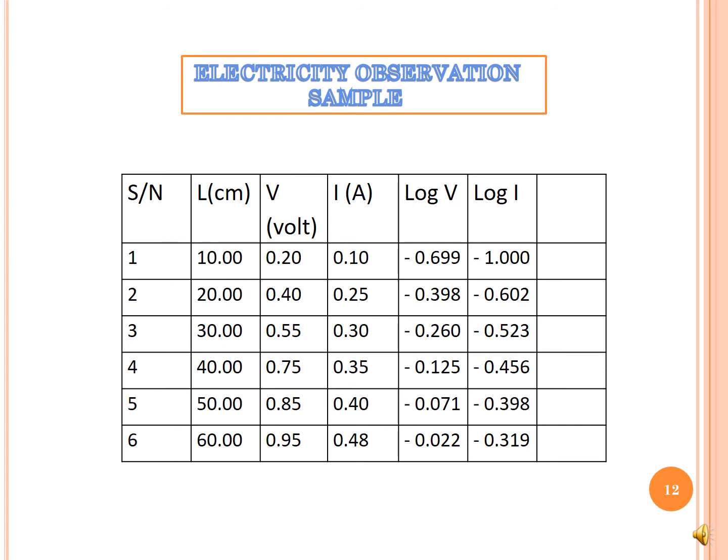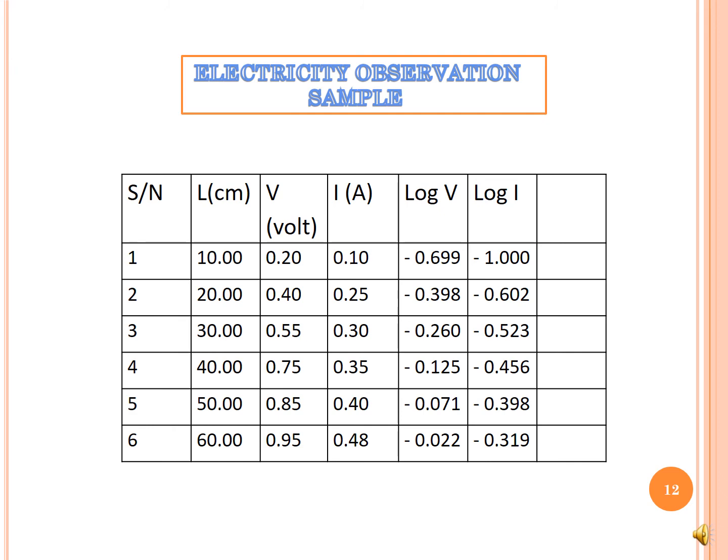We can find a sample of electricity experiments where we have our length in centimeter, our voltage in volts, our current in ampere, then log of V and log of I. Observe that they are all uniform in terms of significant figure.